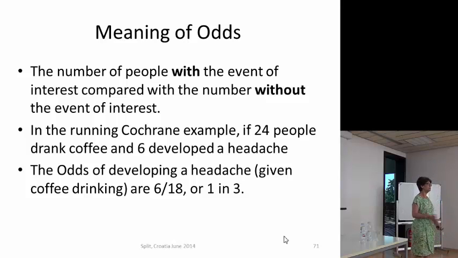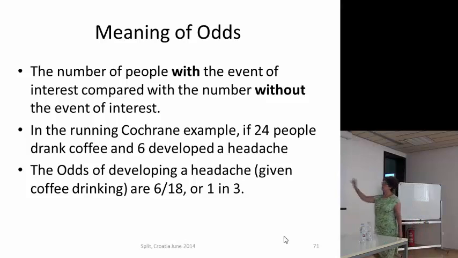Odds is a comparison of the number of people with versus the number of people without. So in the example of the coffee drinkers, if 24 people drank coffee and 6 people developed a headache, then the odds of developing a headache would be the 6 people who developed it compared with the 18 people who didn't, or 1 in 3.